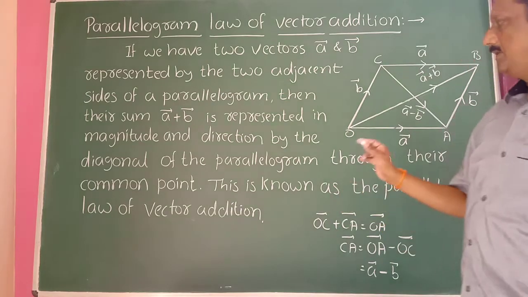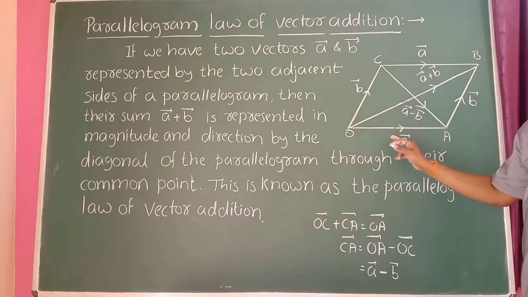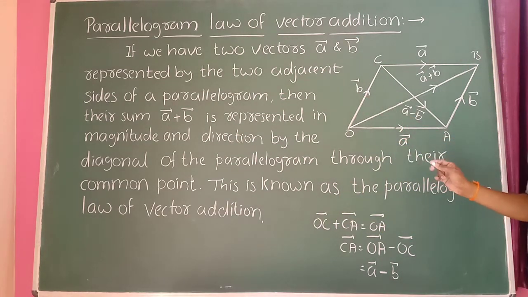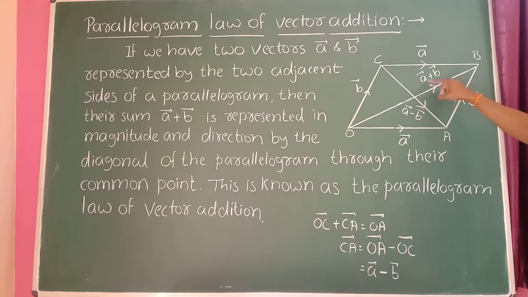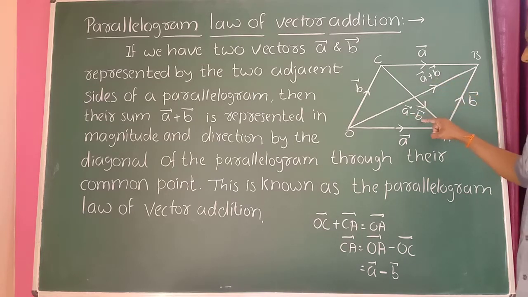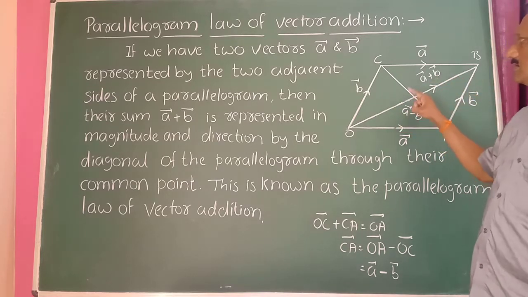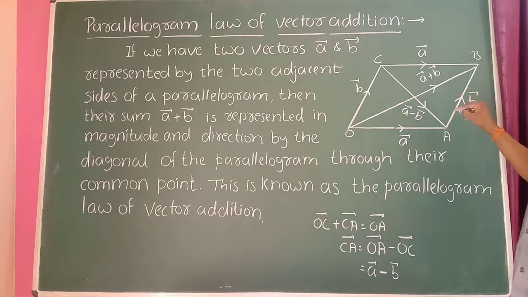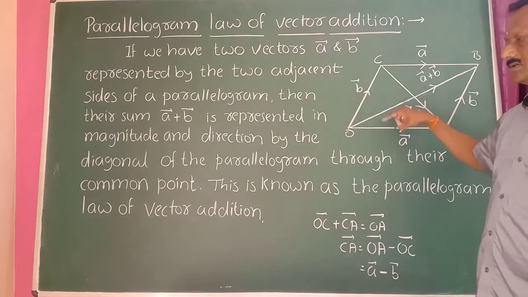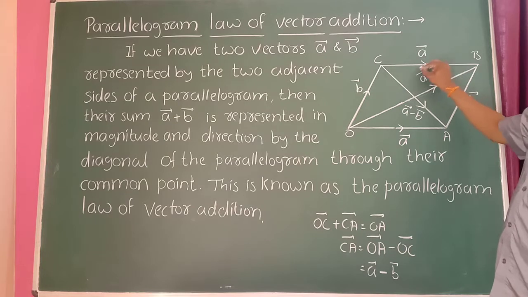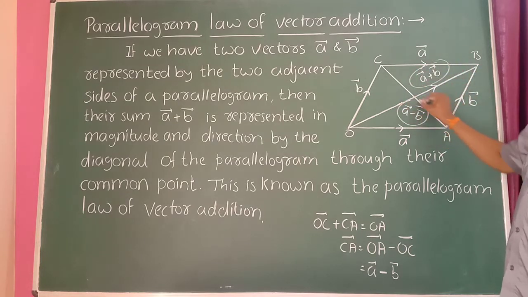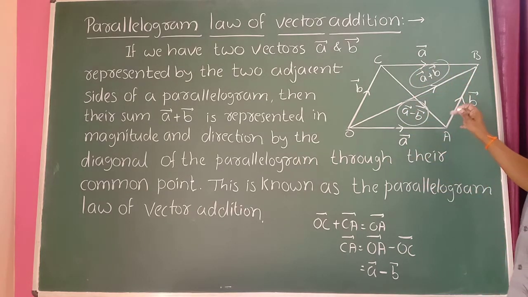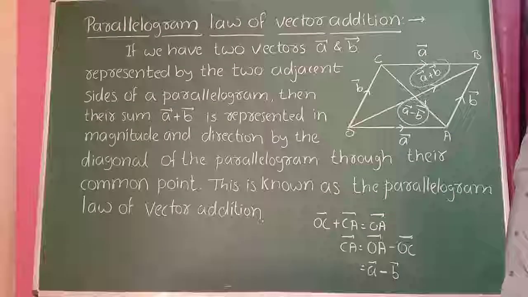Therefore, if A bar and B bar are the adjacent sides of a parallelogram, then A bar plus B bar and A bar minus B bar are the diagonals of the parallelogram here. Remember it here. This is a very important result here.